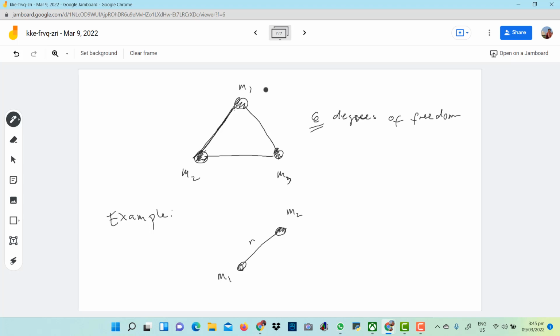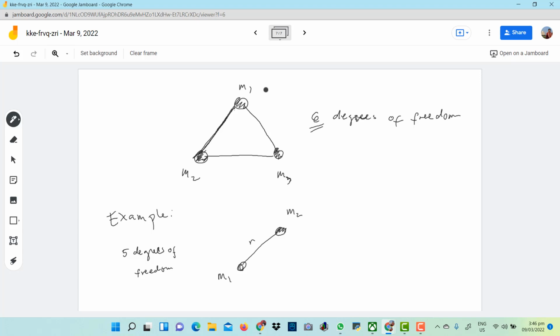The length of this rod is r. How many degrees of freedom? I have 5 degrees of freedom. Okay. So what is the equation of constraint here?